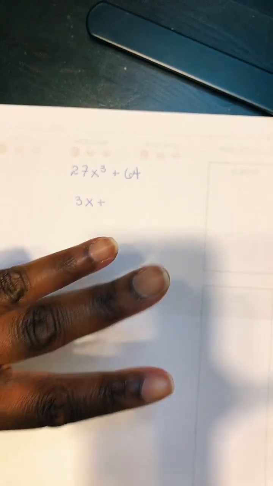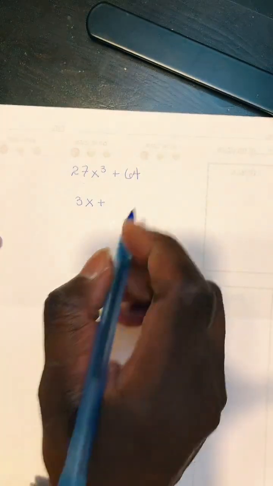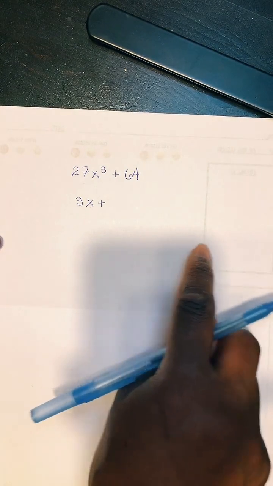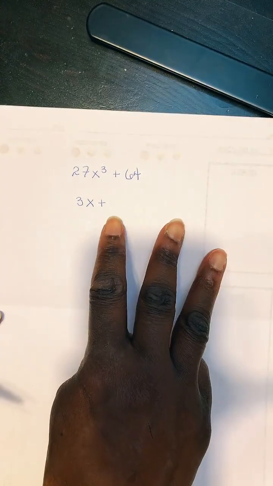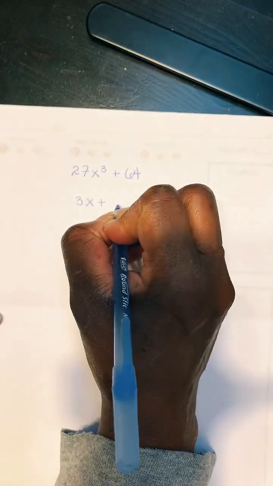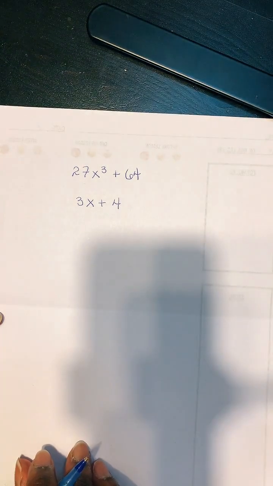So what number times itself 3 times will give me 64? Okay, same thing, you're thinking squares. We gotta think of cubes. There we go, guys. So this gives me 4. All right.